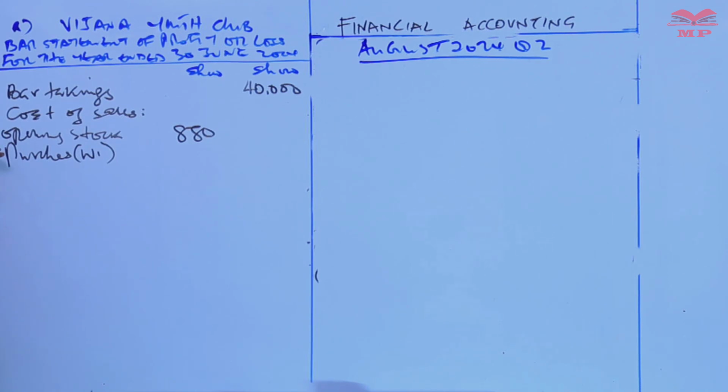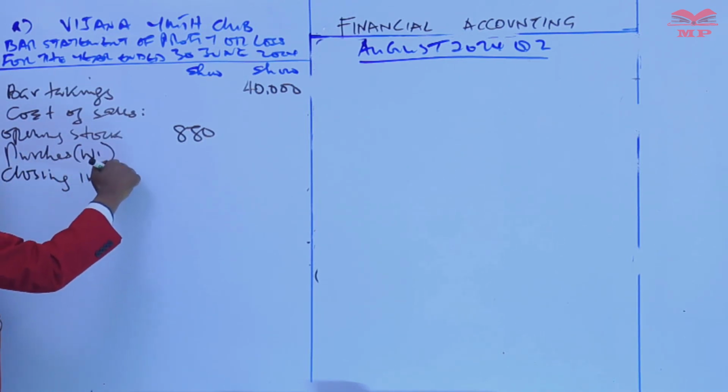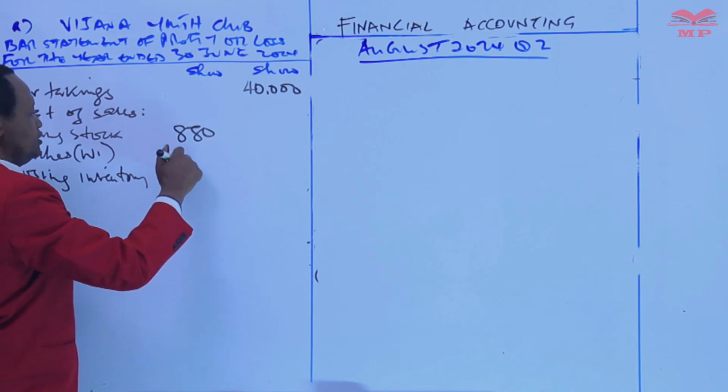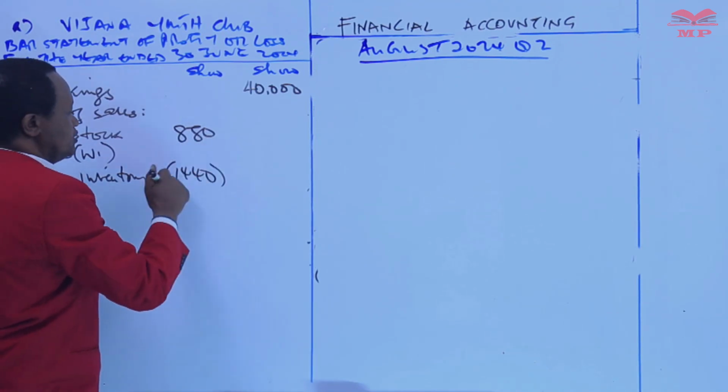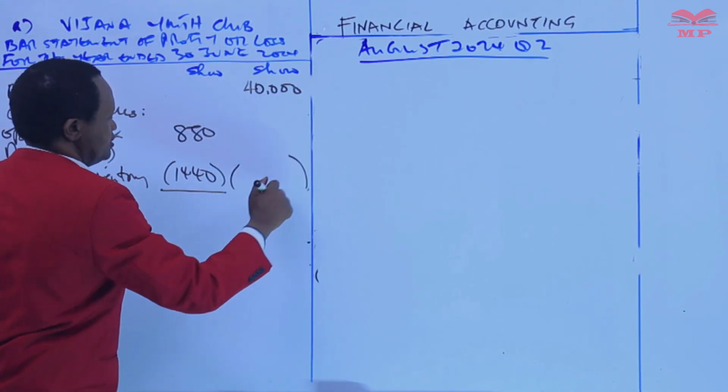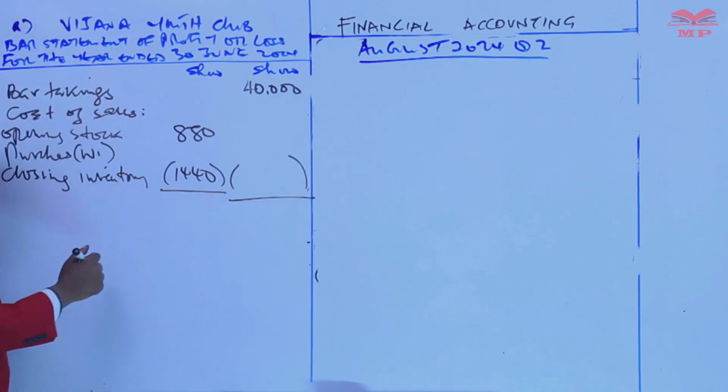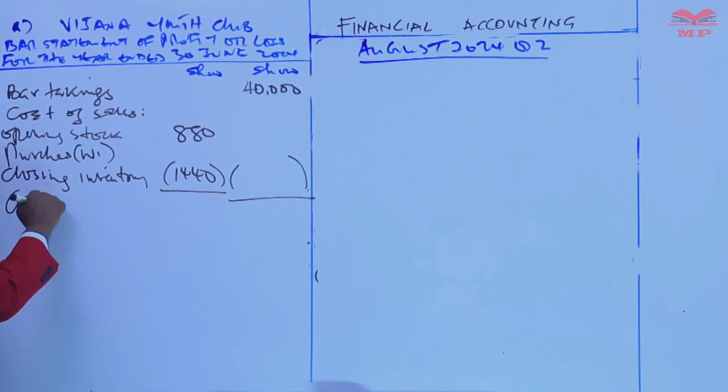But we have the closing inventory of 1440. This will be deducted. Then what we get here is the cost of sales. Then that will be the gross profit from the bar.